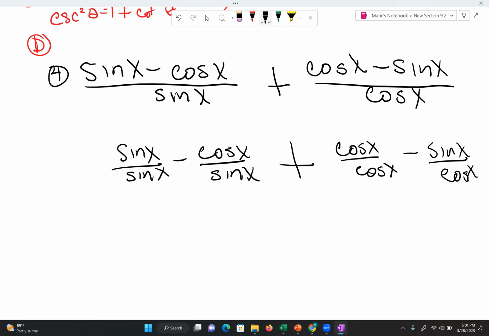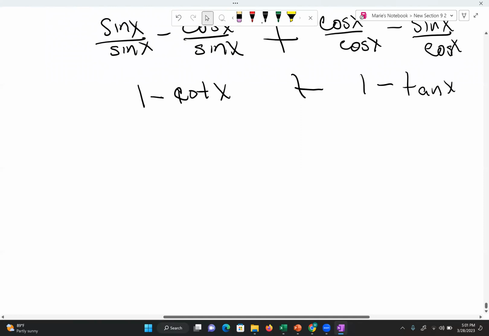You'll end up with 1 minus cotan x plus 1 minus tan x. So if I add the twos together, I end up with 2 minus cotan x minus tan x.